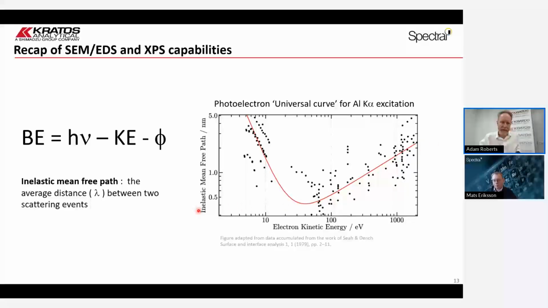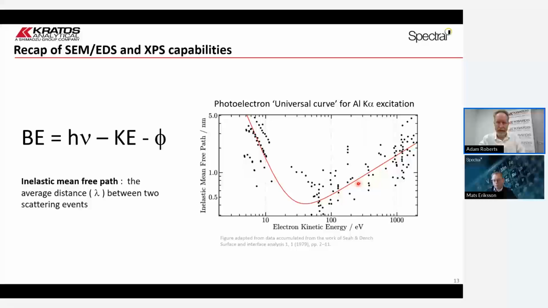The mean free path is the average distance between two scattering events. So in effect, it's the distance that those photoelectrons can travel through the material before they're scattered and don't emerge from the surface and are measured by the spectrometer.